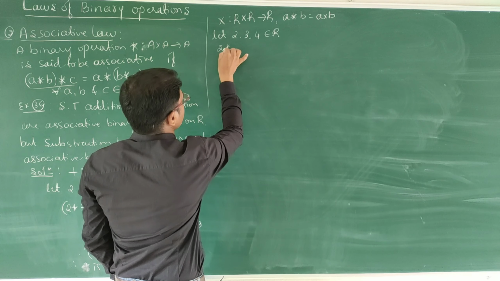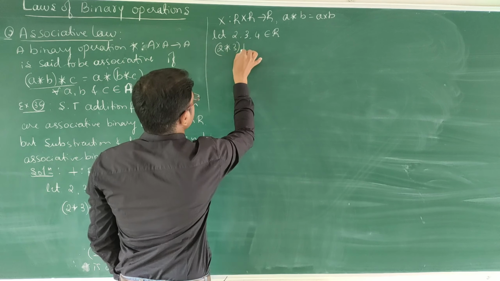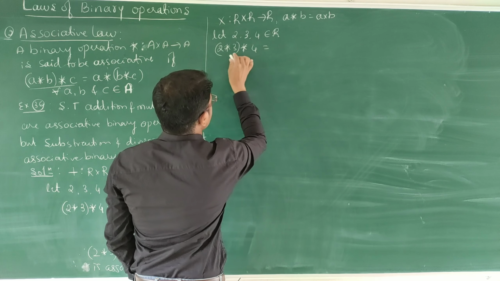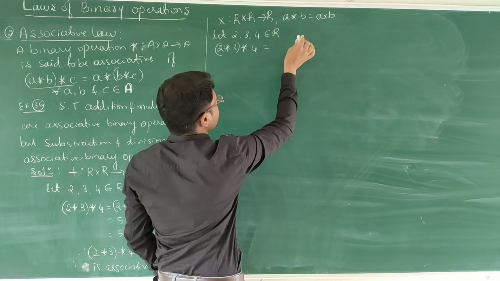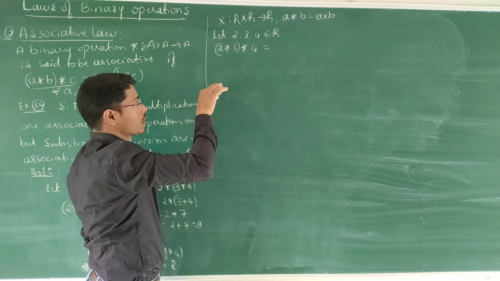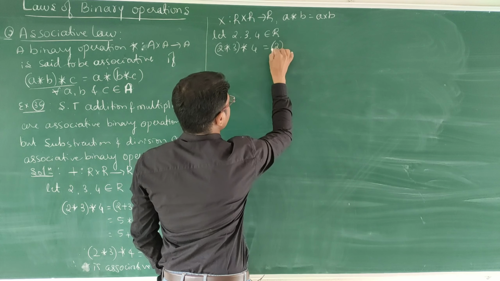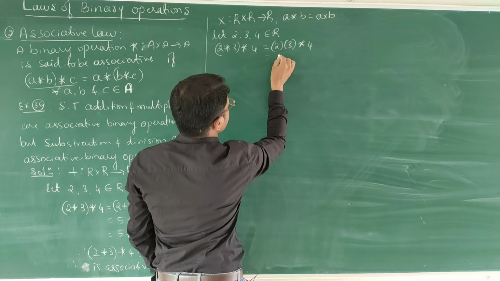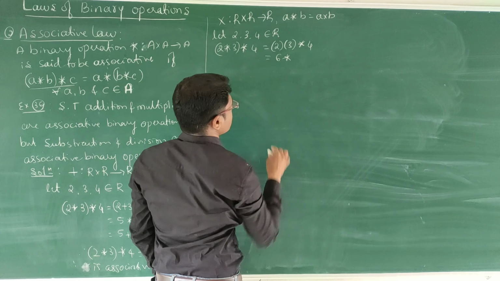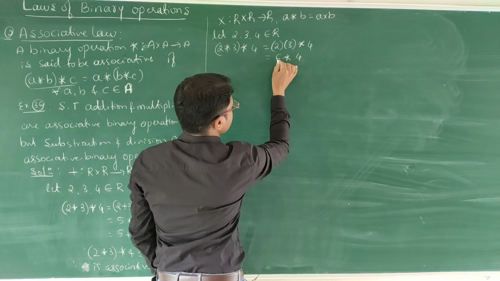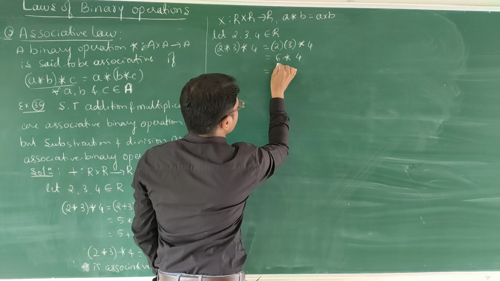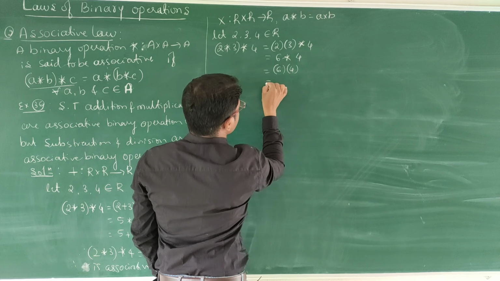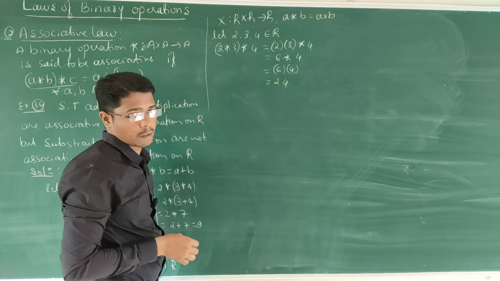First (2 star 3) star 4 is equal to 2 star 3, where a star b means a into b. 2 star 3 means 2 into 3, star 4. This is 6 star 4. 6 star 4 is 6 into 4, which is equal to 24.